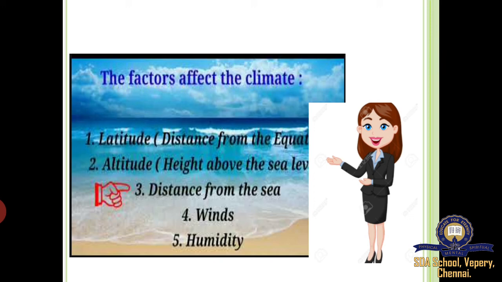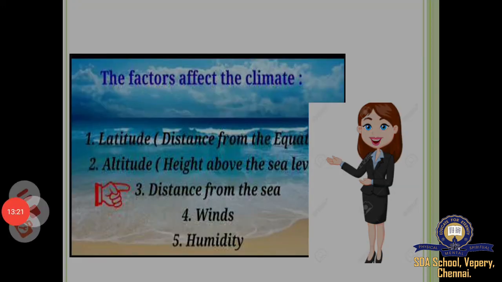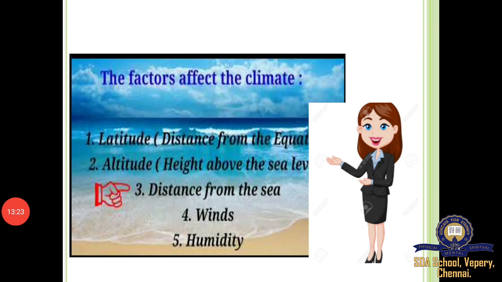The latitude of a place tells how close or far away it is from the equator. Places near the equator are hotter or warmer, and places away from the equator have a cold climate, as they don't get direct sunlight.